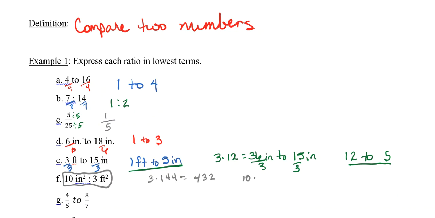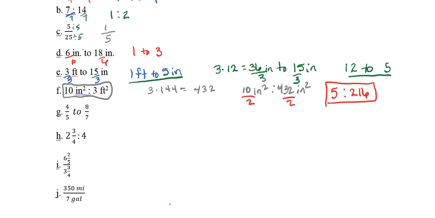So it's a 10 square inches to 432 square inches. They're only divisible by 2, so we'll go ahead and divide them by 2. So I end up with a 5 to 216, and those are both in square inches. Or I could leave it as the 10 square inches to 3 square feet.